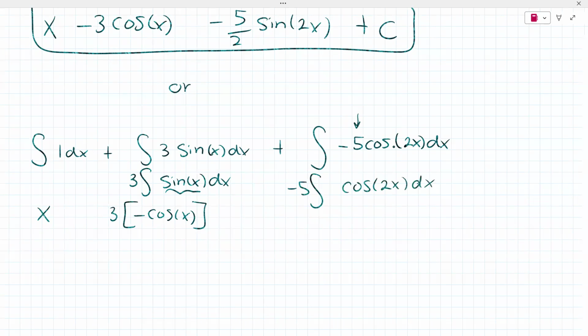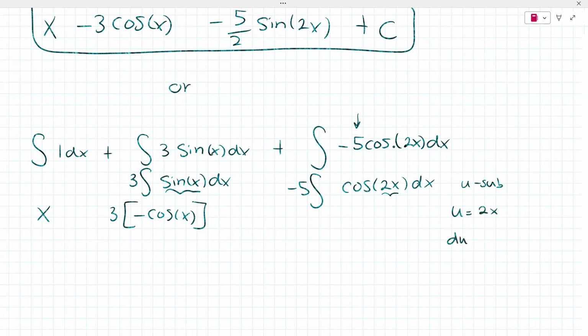Now, the other way you could do this for the cosine of 2x: if it was cosine of regular x, it would have been sine of x, right? The integration of cosine of x is sine of x. But because we have a 2x, this is the longer way. You can use what's called the U sub, if that makes it more comfortable. So your u is going to be the 2x.